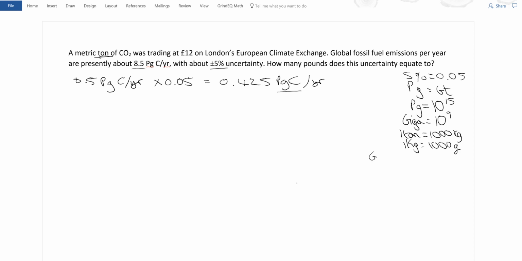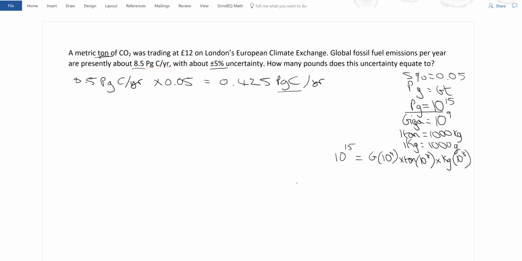So if I do giga, which is 10 to the power of 9, times tons, which is 10 to the power of 3, times kilograms, which is also 10 to the power of 3, that will give me 9 plus 3 plus 3, which is 10 to the power of 15, and that is petagrams.